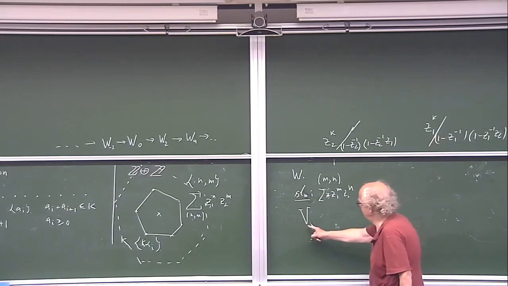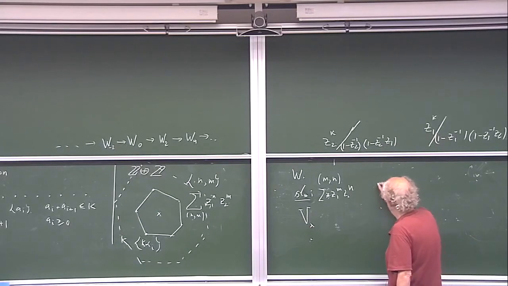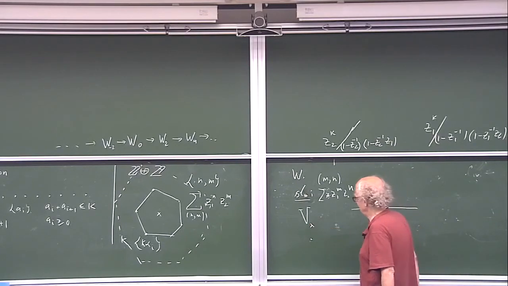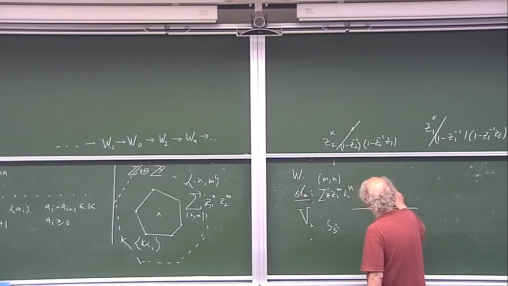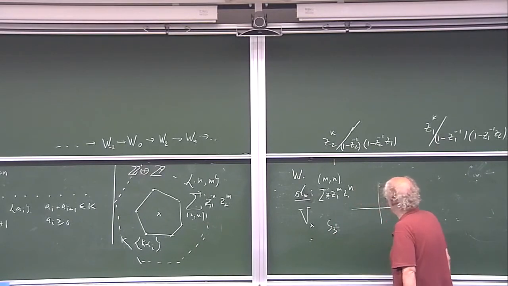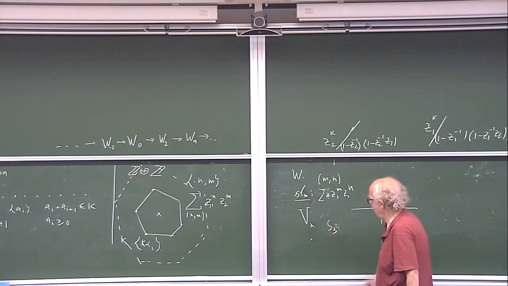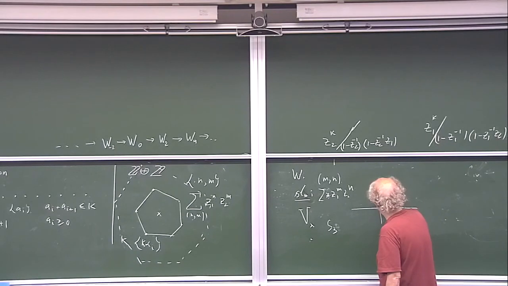About the weight diagram, it is known that we have a 2-dimensional plane, and the Weyl group, which is S3, is acting here. The highest weight is somewhere here, some lambda, and S3 is acting here.